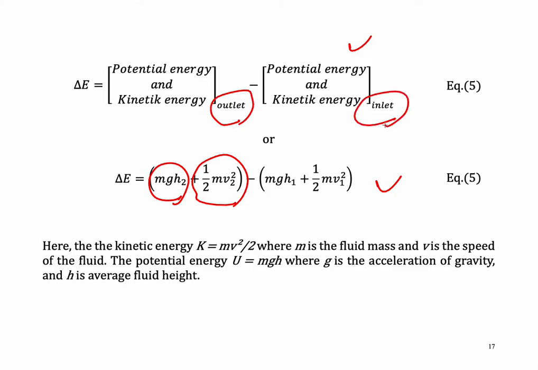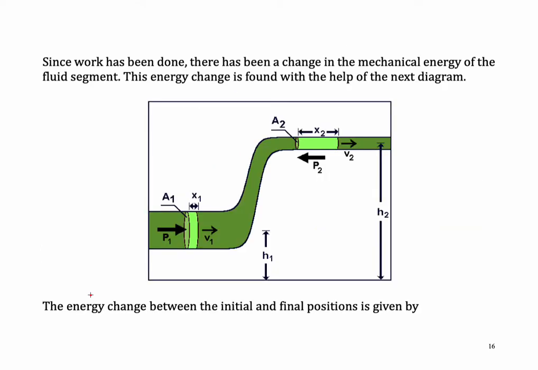Here, the kinetic energy K is 1 over 2 mv squared, where m is the fluid mass and v is the speed of the fluid. The potential energy U is mgh, where m is the mass, g is gravity, and h is the average fluid height. Normally, when we analyze flow in a pipe, we take the center point of the pipe as our h here.